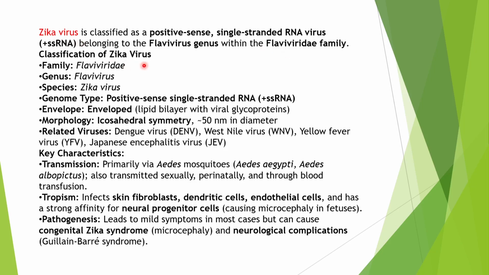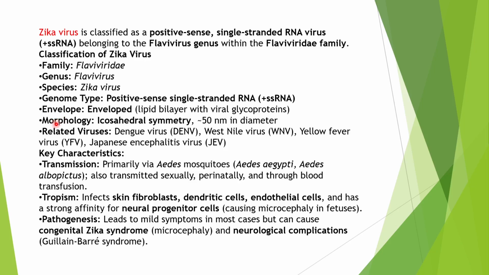So the classification of the virus is as follows. The family is Flaviviridae, genus is Flavivirus, and species is Zika virus. The genome type is, as we discussed, the positive sense single-stranded RNA. Wow, okay, this is like a tongue twister. It is enveloped, with a lipid bilayer with viral glycoproteins.